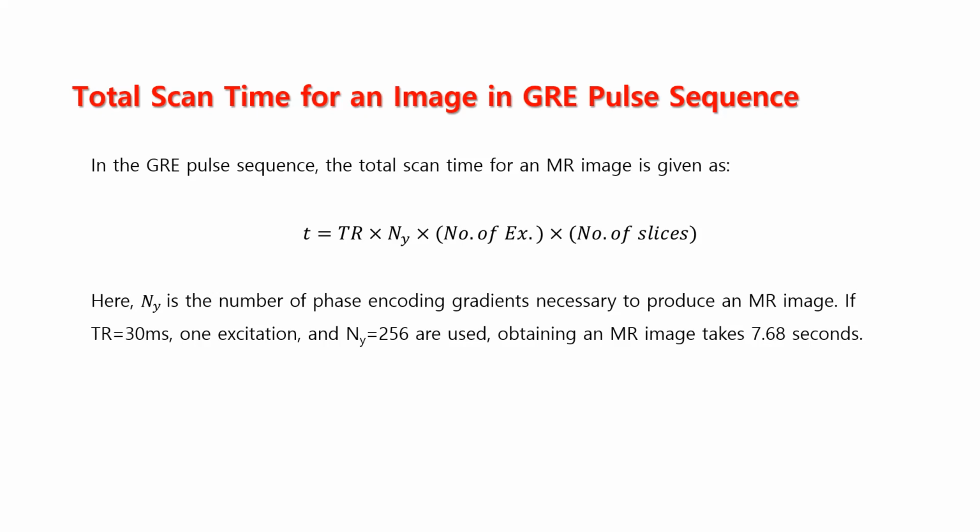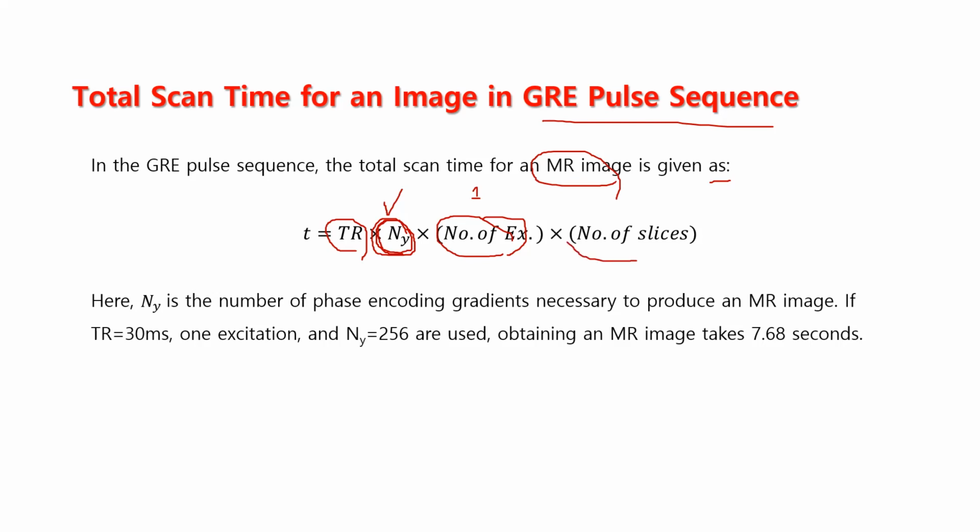Total scan time for an image in the GRE sequence. In the GRE sequence, the total scan time for an MR image is given as TR, time of repetition, times NY, number of phase encoding gradients, times number of excitations. Number of excitations is the number of alpha pulses, so just one pulse.